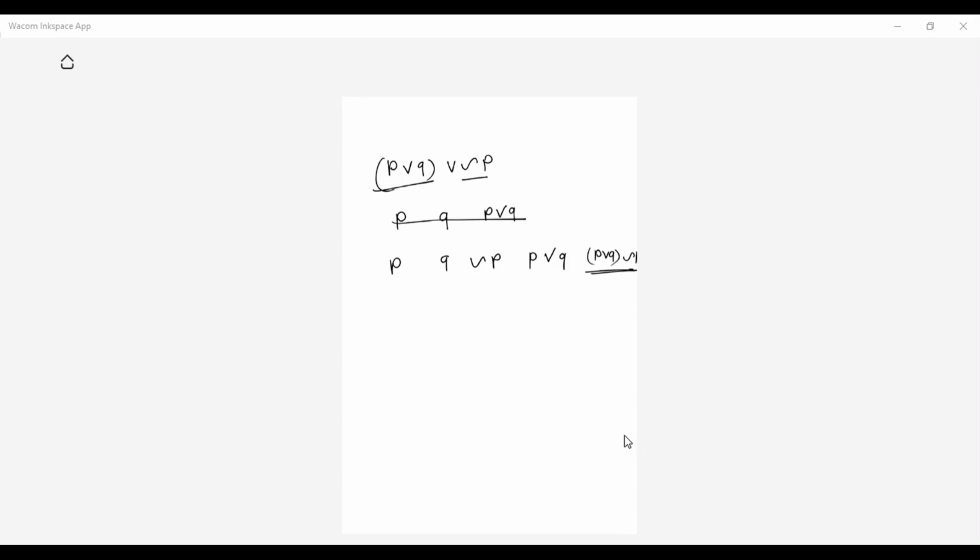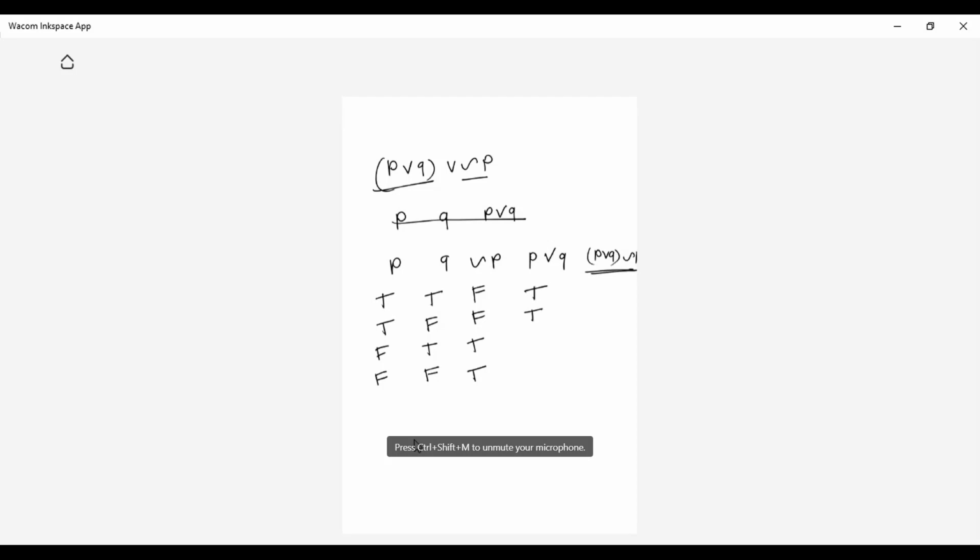Yes, tautology. Perfect. I hope everyone has got the truth values for all of these. So T, T, F, F for P, and T, F, T, F for Q, right? Negation P would be F, F, T, T. P or Q would be T, T, T, F, right?